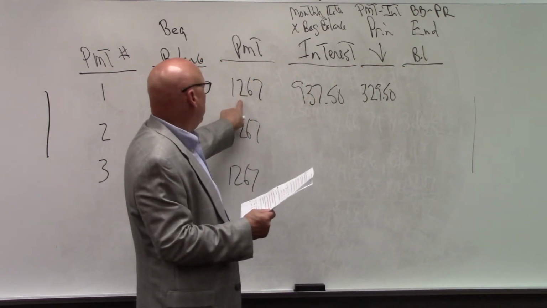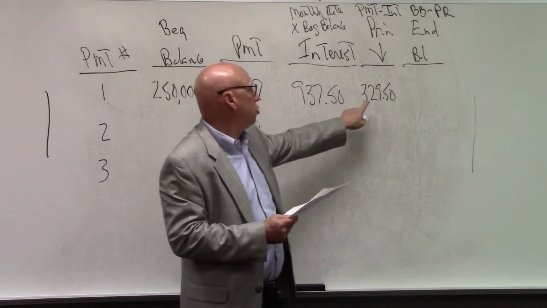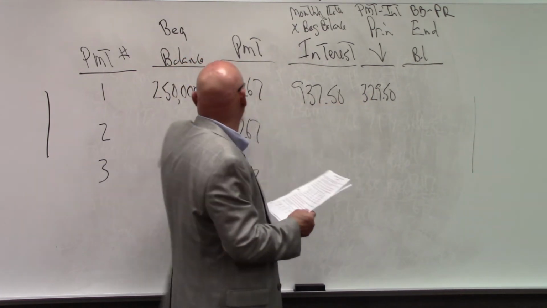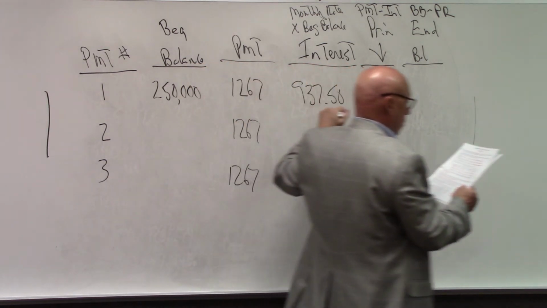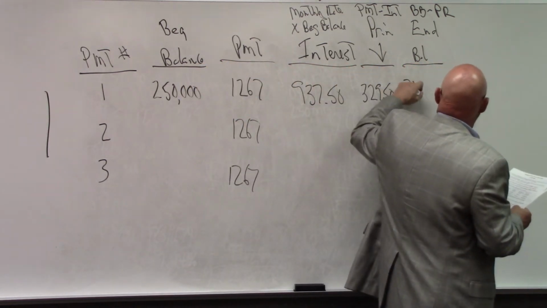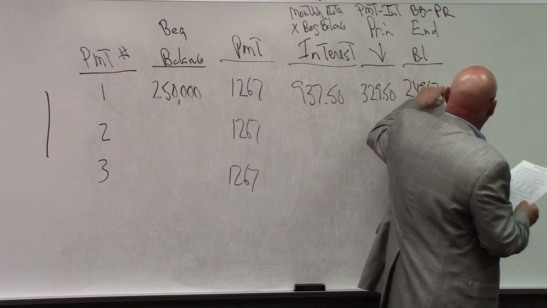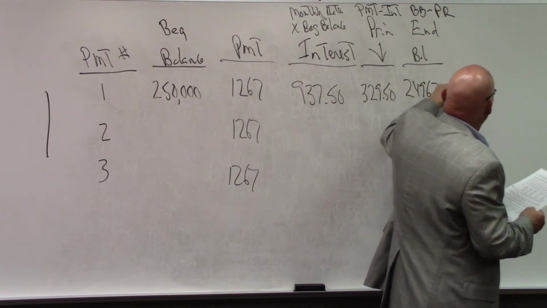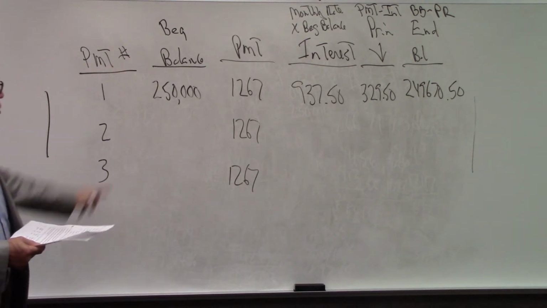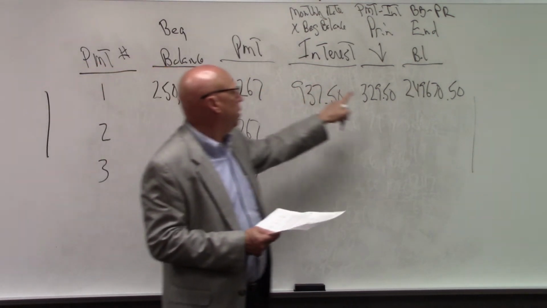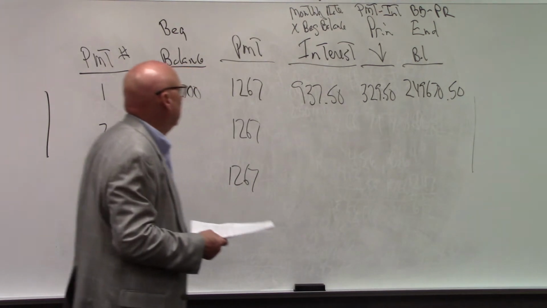So this is your payment, this is your interest, this is what's left over. This will be applied to reduce your beginning balance, and so your ending balance now is $249,670.50. And we're going to be off by a few cents because of rounding. But this minus this equals this.